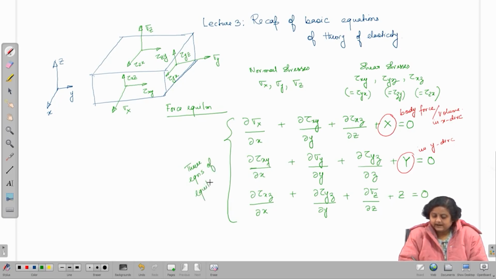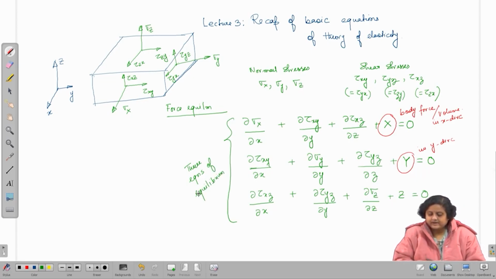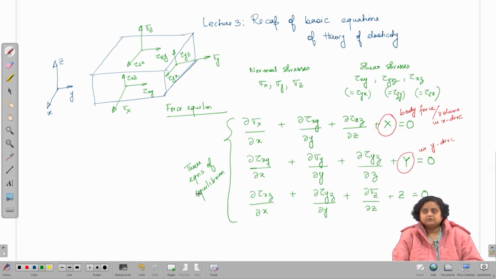So, a body under any set of normal and shear stresses should satisfy these three equilibrium equations in order for the body to be in equilibrium.